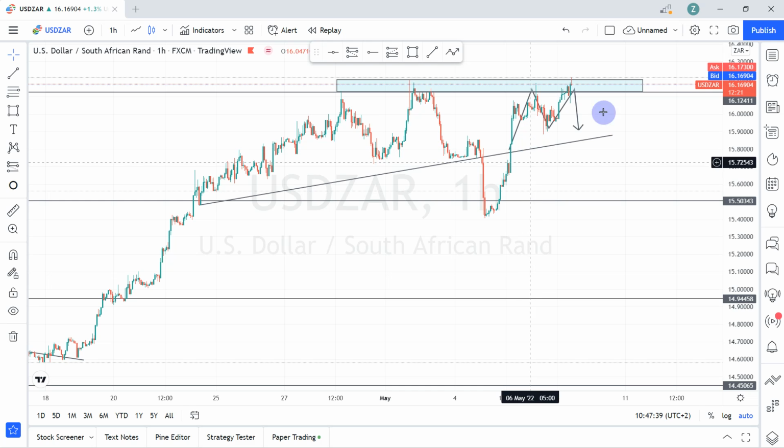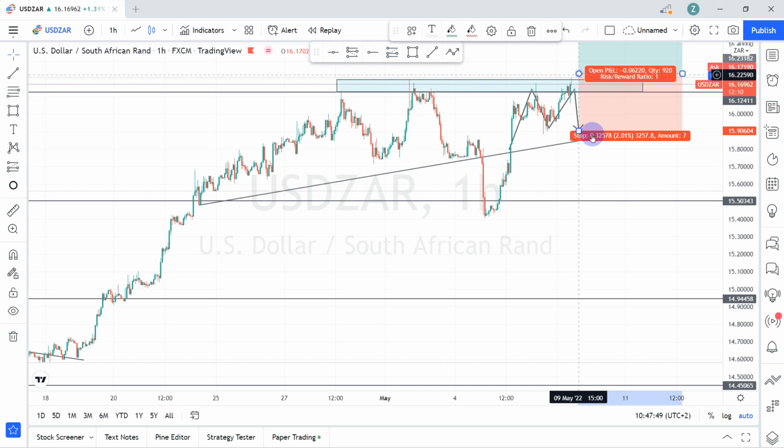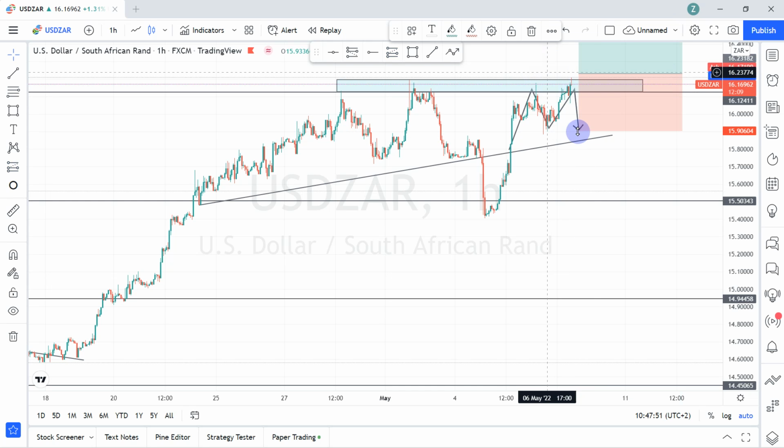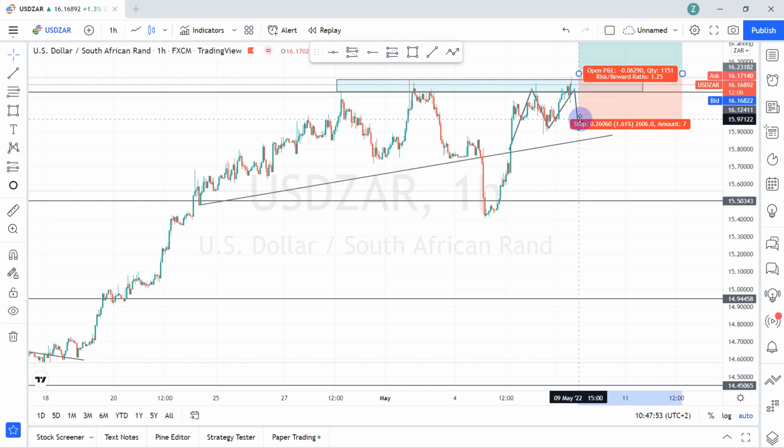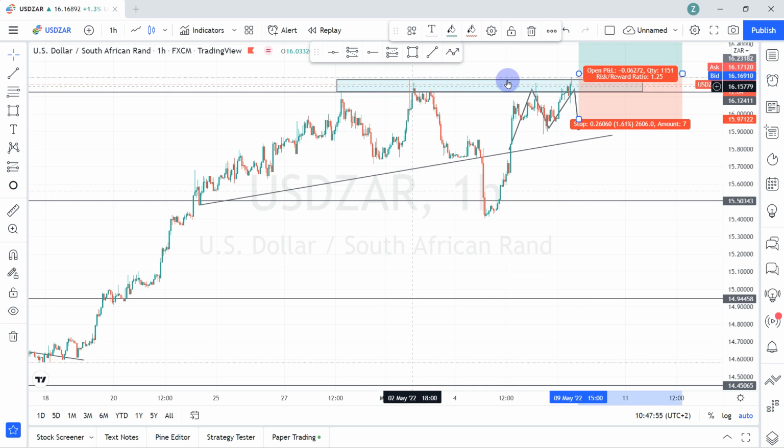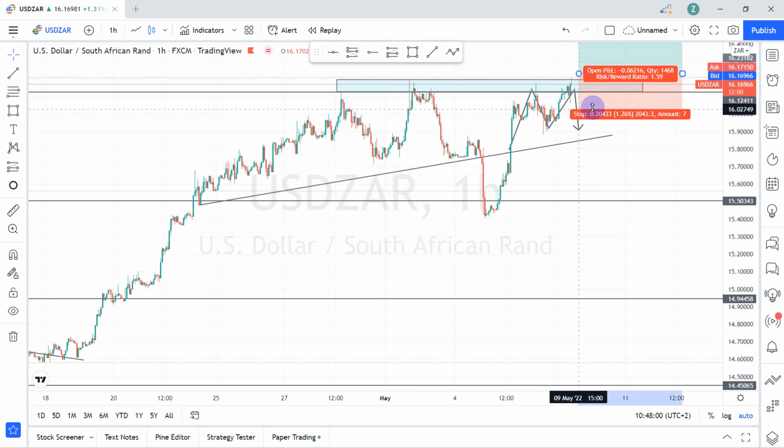So now I'm waiting to see whether the market is going to buy or sell. If it buys, it would have to impulse, so my buy stop would be just above my zone. As you can see, I have these weak rejections that I'm catering for, and my stop loss would be just below my zone.